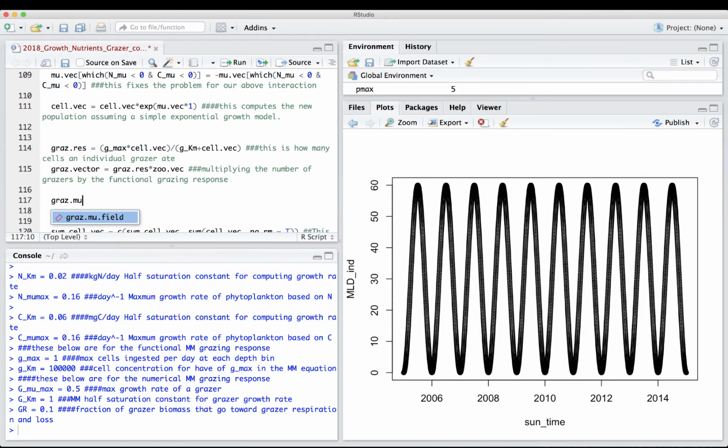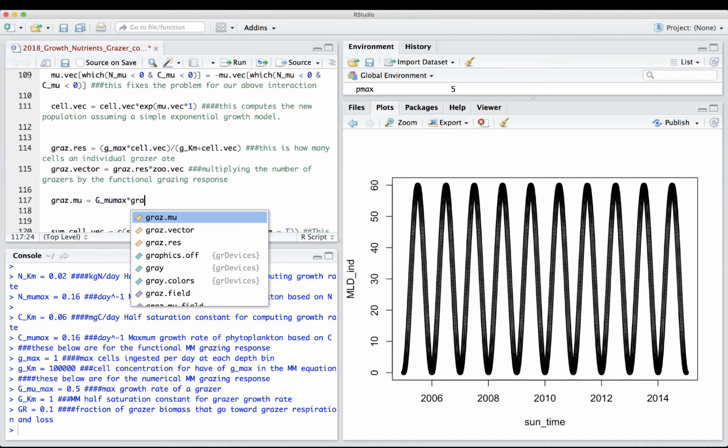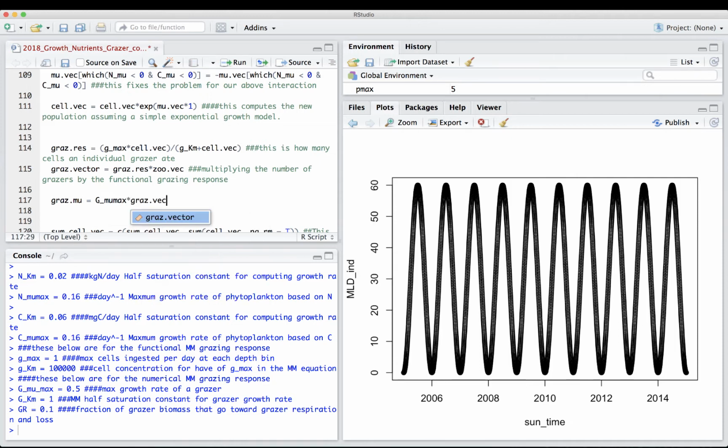Okay. Now, based on how much they ate, we need now to calculate the growth rate of the grazers. So that's going to be our G mu max, right, times how much they actually ate, which is our Graz vector, Graz vec.